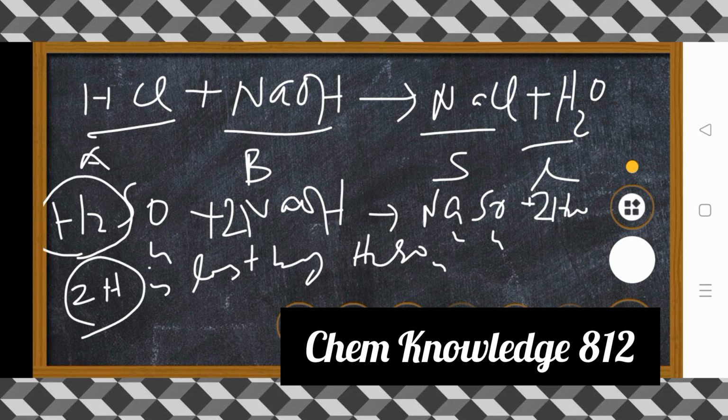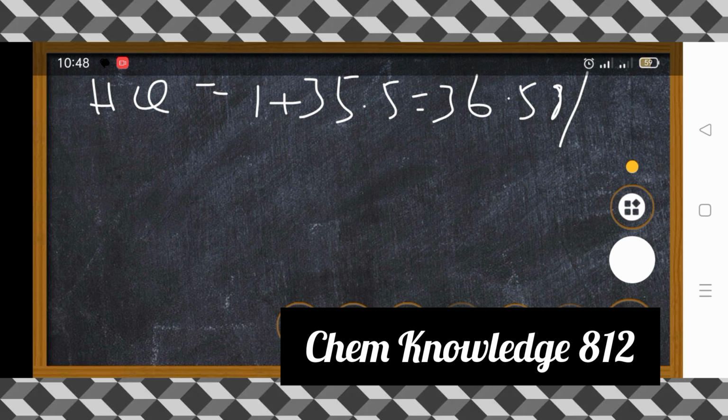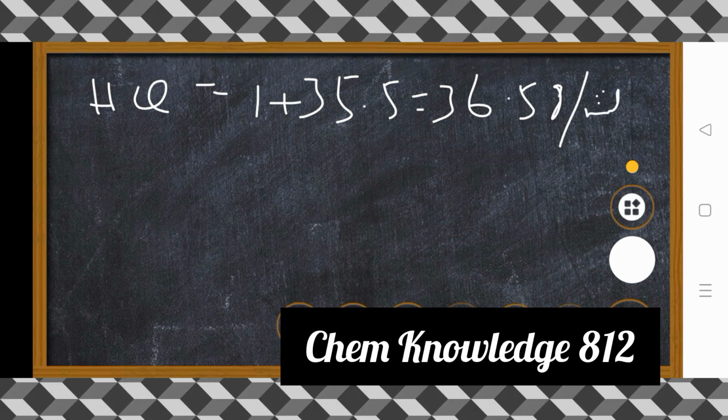So the equivalent weight of HCl is the same as the formula weight, which is 1 plus 35.5, equal to 36.5 gram per mole.